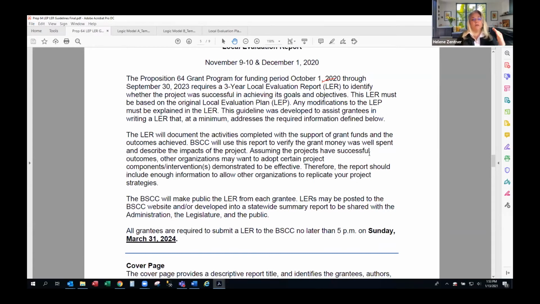I am assuming that it'll be a while before we actually get any requests or deliverables for that, but I can only assume that they're going to request of those state agencies that are allocating these funds to provide either a summary or an overview of all the projects.